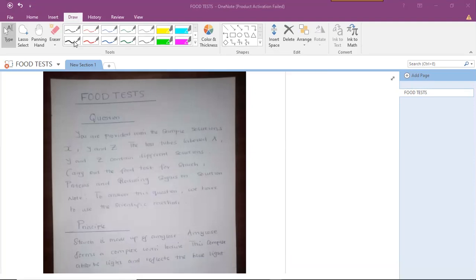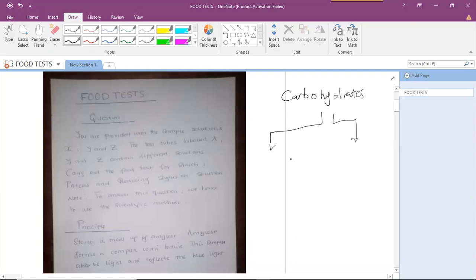When we're talking about carbohydrates, there are two types of carbohydrates that they want us to test. The first one is polysaccharides. Polysaccharides, this is where you use starch, and the reagent that you use is iodine.